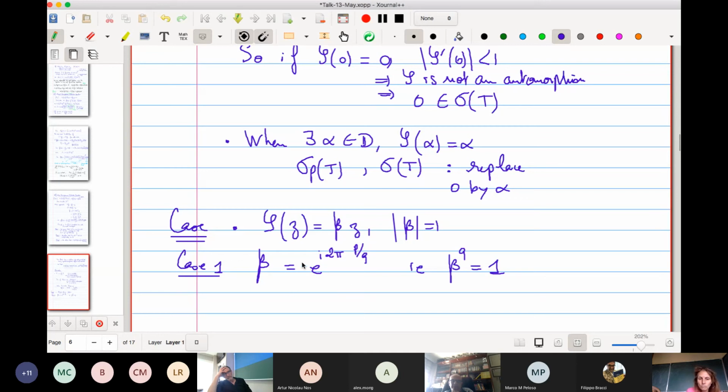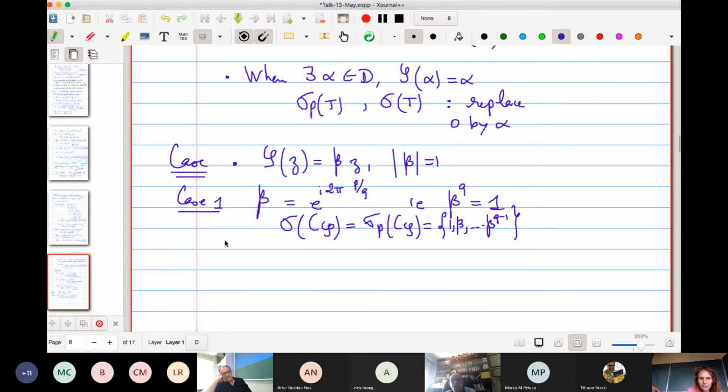In this case, the spectrum of the composition, so I remove the weight, is the point spectrum of the composition, and you will recover a discrete set, which will be the roots of 1, beta to the q minus 1. So that is not difficult and not surprising.